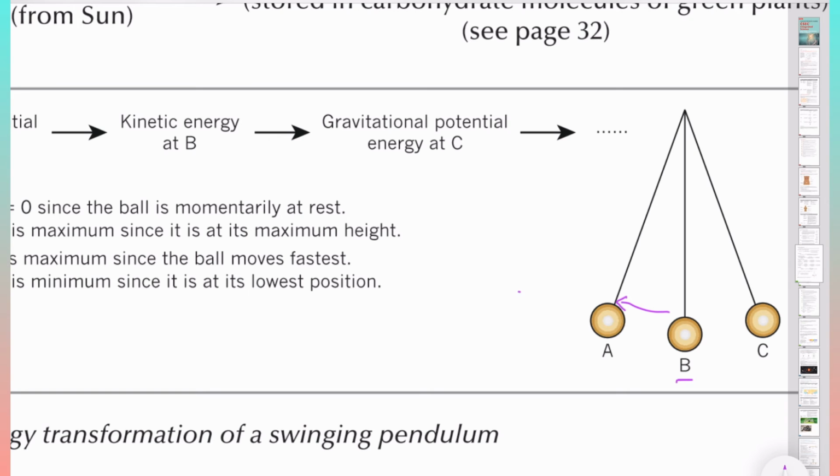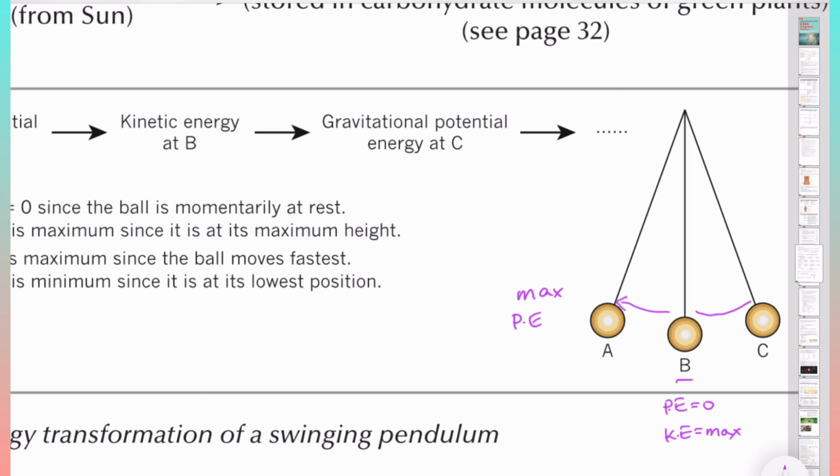Potential energy is going to be maximum at this point because that's the maximum height the pendulum will have reached. Now when I let it go, at point B, it is at its lowest height. So what will happen? Potential energy is now going to be 0, but my kinetic energy will be maximum because at that position, it is going to be moving the fastest.